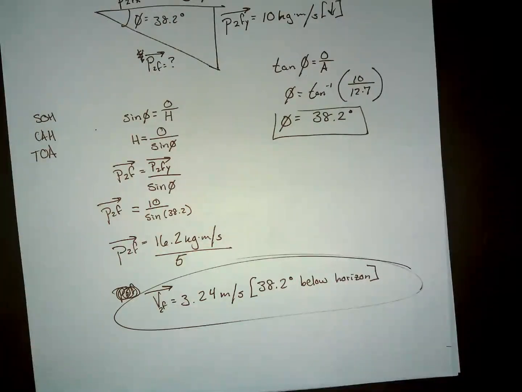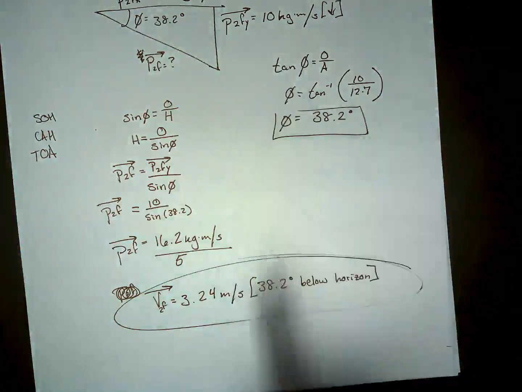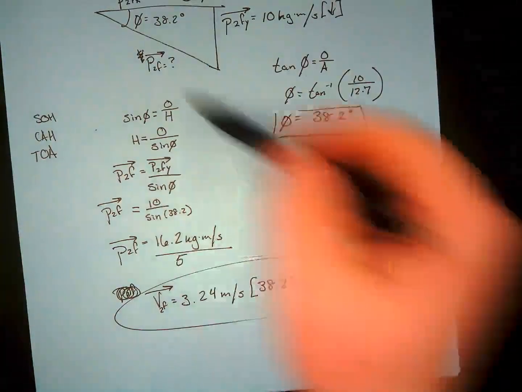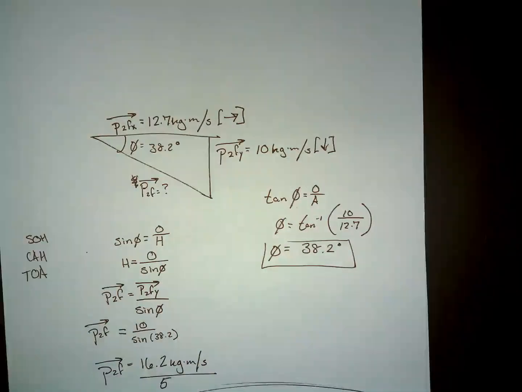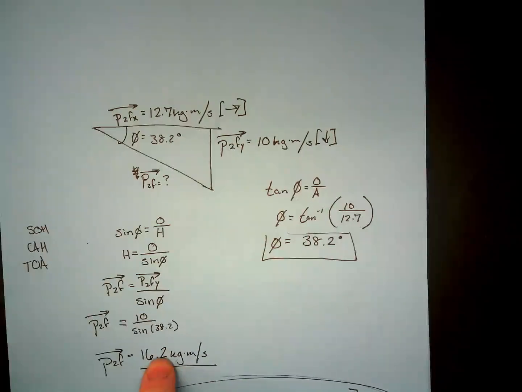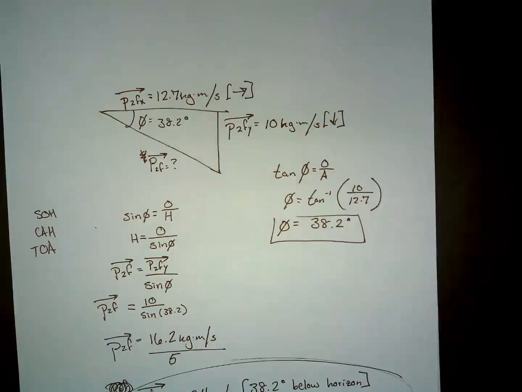The initial y direction momentum is equal to the final momentum in the y direction. So there really isn't any double checking other than maybe just making sure that we did something right. So let's use Pythagorean's theorem to see if we get this momentum, and then divide that by 5 to make sure we get this.